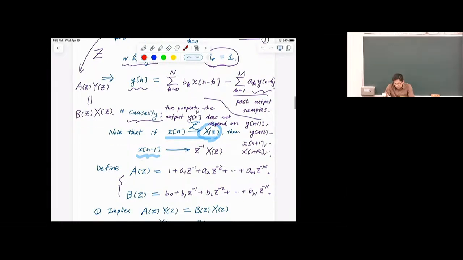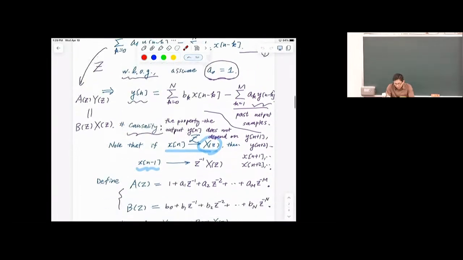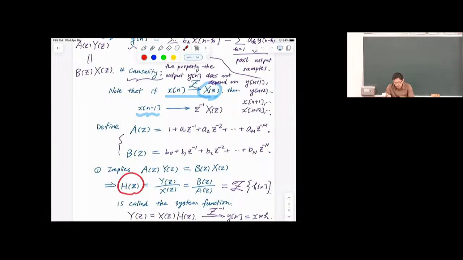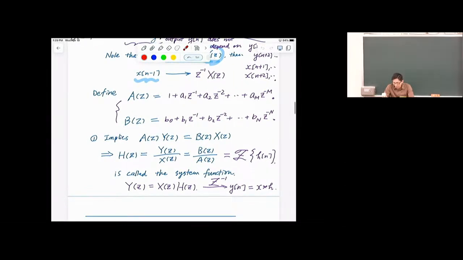So by assuming causality, we derive that the system function is written as B(z) divided by A(z), where B and A simply put the coefficients b0, b1, all the way to bN, into B(z), a polynomial with highest order N, and similarly a polynomial A(z) with highest order M by assumption.